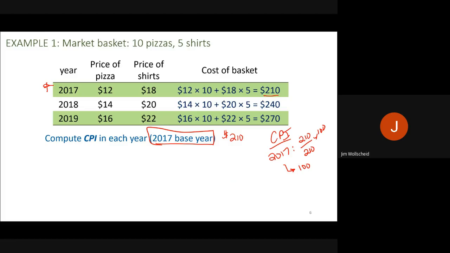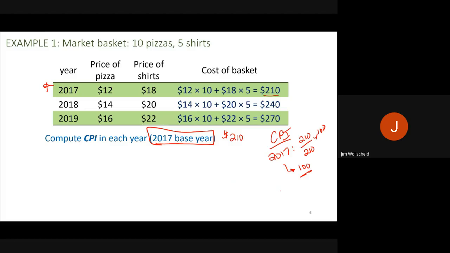CPI in the base year, just like GDP in the base year, will always be 100. So if you're given a table of CPIs, you can determine what the base year was. If I gave you a table of CPIs, you could say, oh, Dr. Welsh showed 2017 is the base year because it's 100. And that's how you would know.